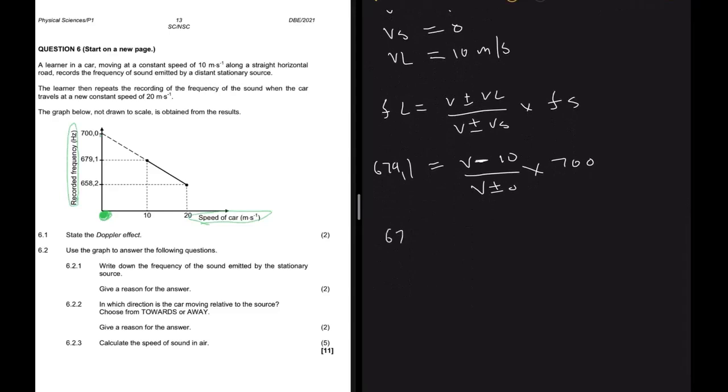So if we write this nicely, we get 679.1 equals V minus 10 divided by V, multiplied by 700.